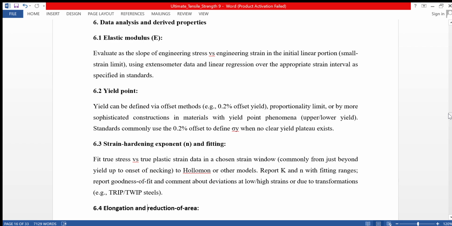Yield point can be defined via the offset method, proportionality limit, or by more sophisticated construction in materials with yield point phenomenon. Standards commonly use the 0.2% offset to define sigma y when no clear yield plateau exists.